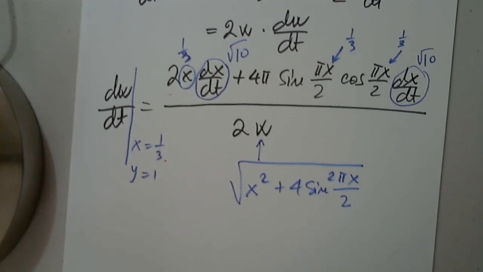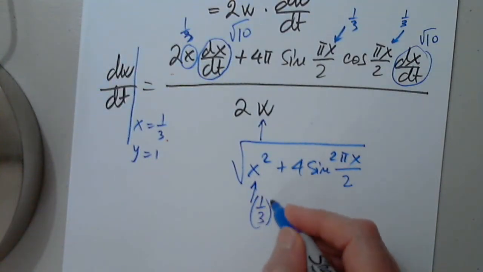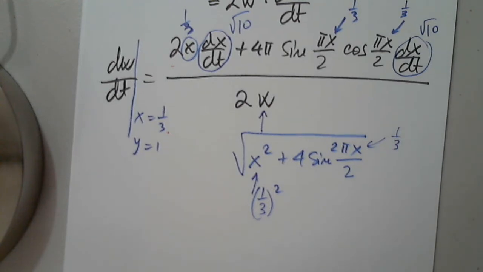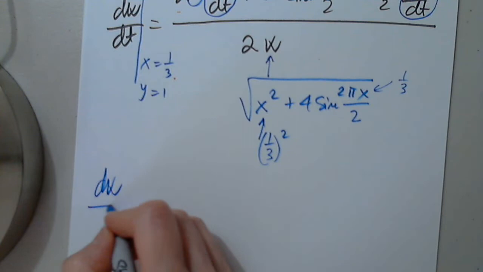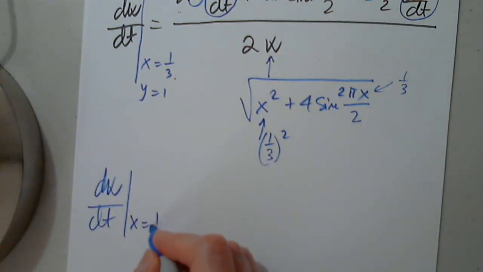Any questions so far? Of course, this is 1/3 squared, and in here also 1/3. Okay, one more time, then dw over dt. Since y is not there, I'm just going to write x equals 1/3.